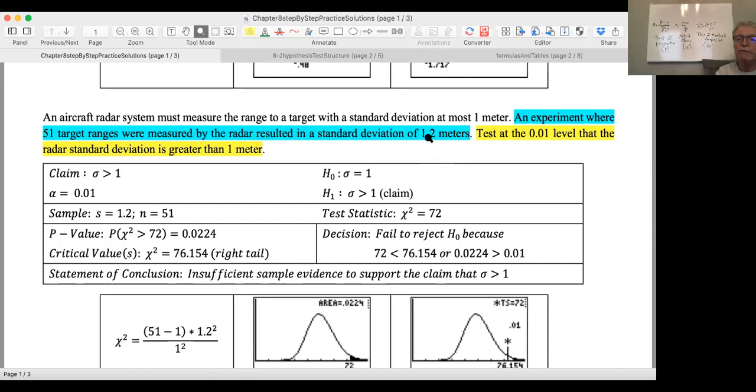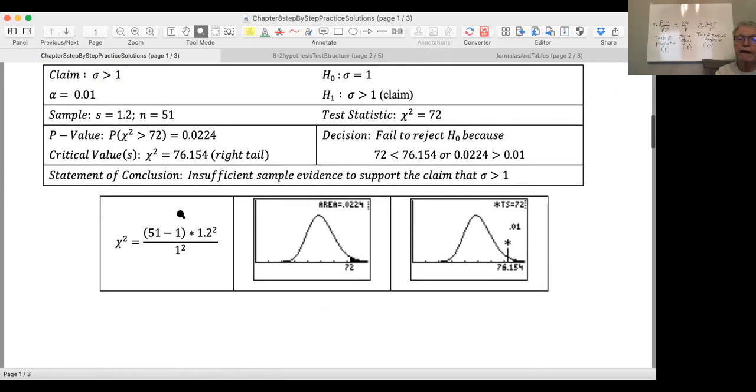So we have everything we need now to go into our formula. And here's chi-squared is equal to N minus 1, so 51 minus 1, times S squared, so 1.2 squared, divided by the population, the assumed value of sigma, which is 1 squared.